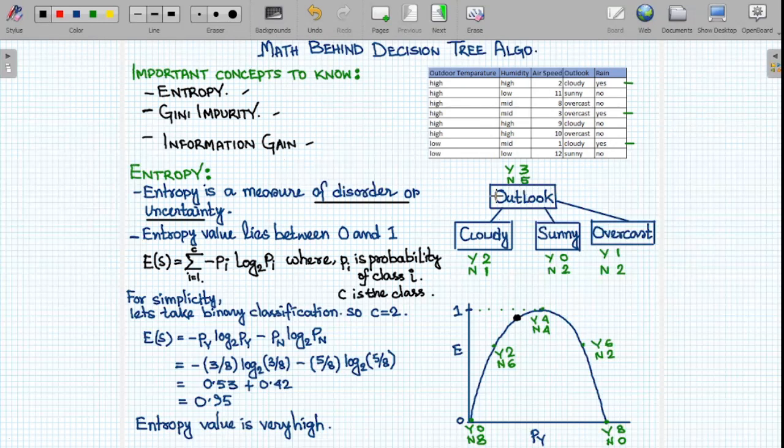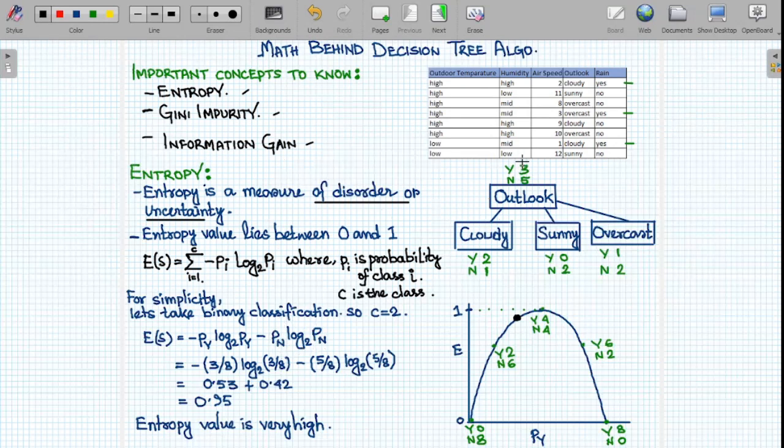Let's evaluate the entropy: minus probability of yes log base 2 probability of yes, minus probability of no log base 2 probability of no. We have to evaluate this because in our case c equals 2. Hence, this part will be for when the value is yes and this part for when the value is no.